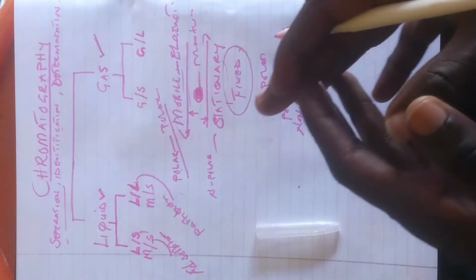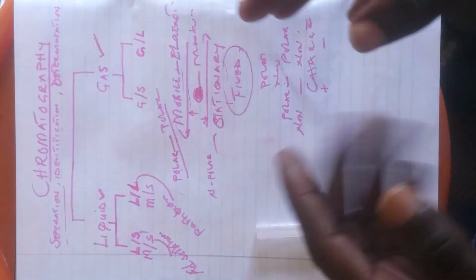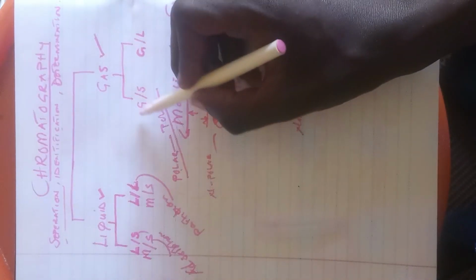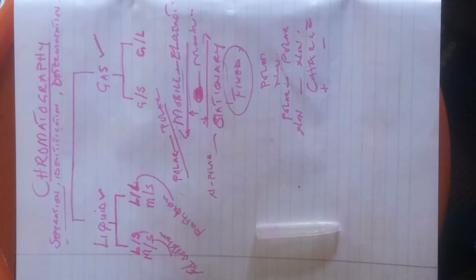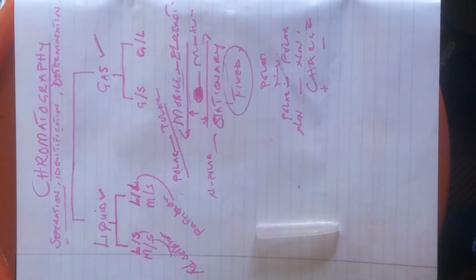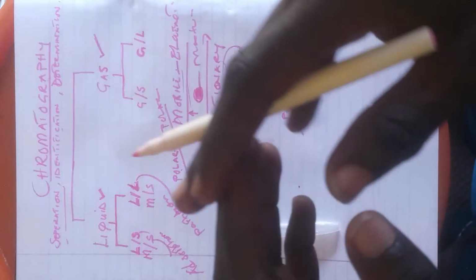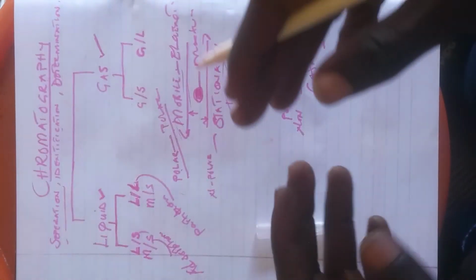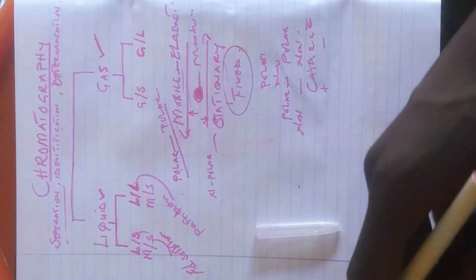Then we come to gas chromatography. Gas chromatography can also be separated into two, namely gas-solid and gas-liquid. There is no solid chromatography, because it is utterly impossible to separate chemical components which are in solidified form.